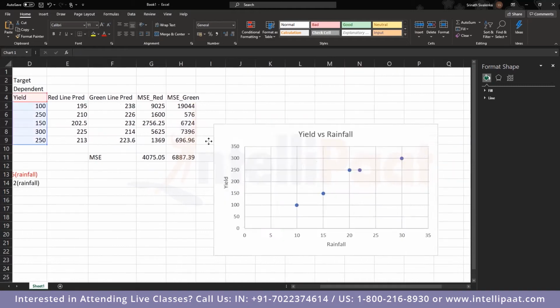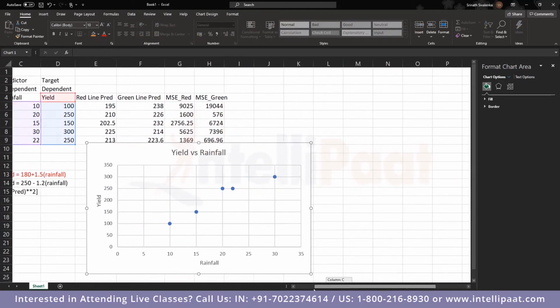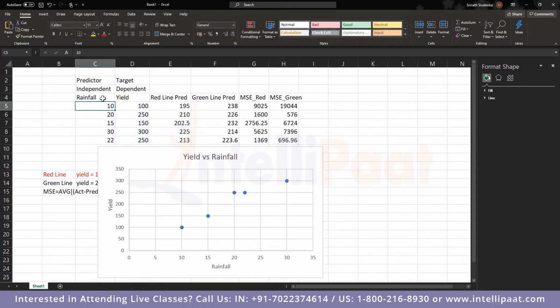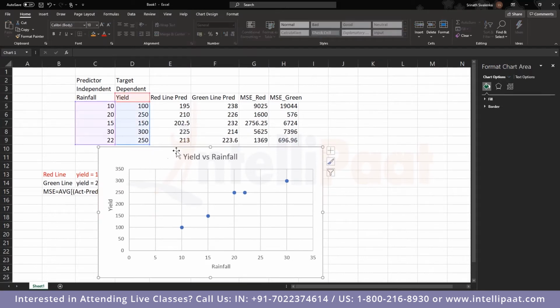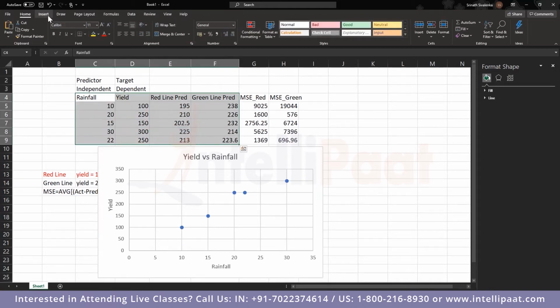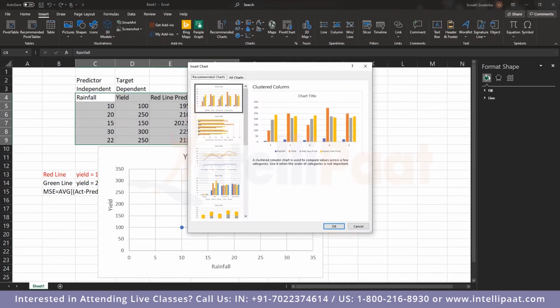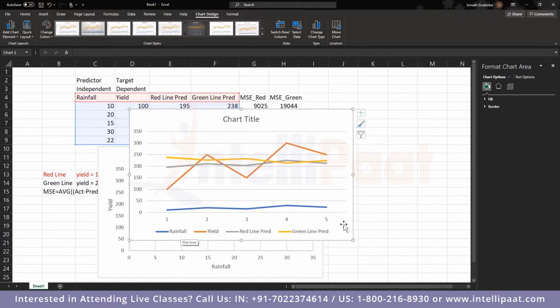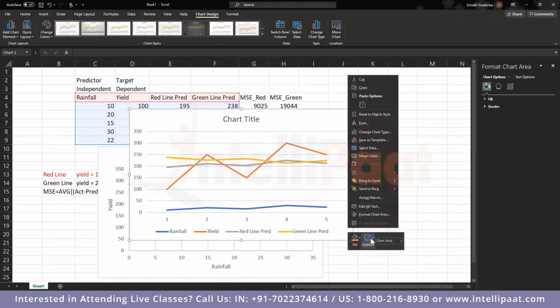To actually show you how these lines look, I can plot those lines. It's not going to be very difficult. What we can do is try to plot all of these three together. Insert the two. I can change the chart type.